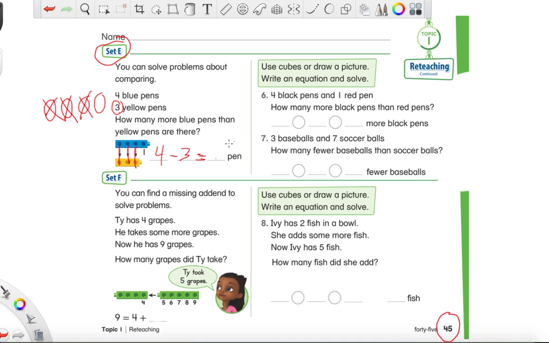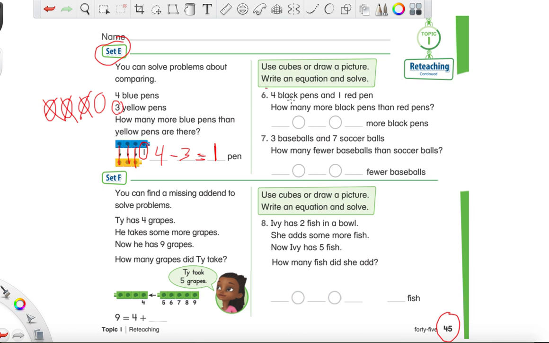We have 1. And look, it's the same answer that they got right here in your book. They got 1 more blue pen. And just by drawing this picture up here, you can still get 1 more blue pen. So please, guys, don't make your heads hurt over this stuff. It's no big deal.